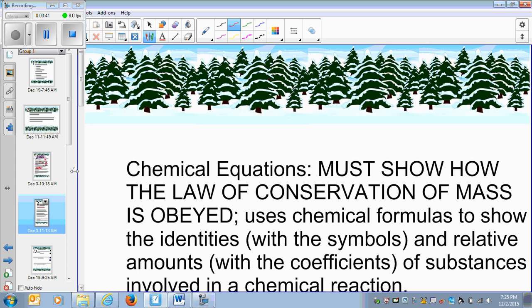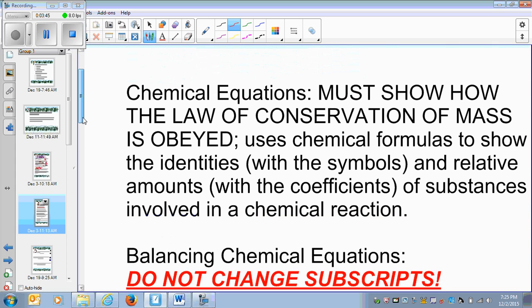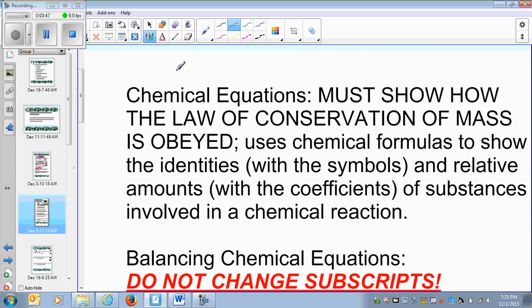So a chemical equation, let's say hydrogen reacts with oxygen to yield water. When we write this chemical equation, it must follow the law of conservation of mass. That means mass can neither be created nor destroyed. So whatever I put in for the reactants, I must get on the other end as product.